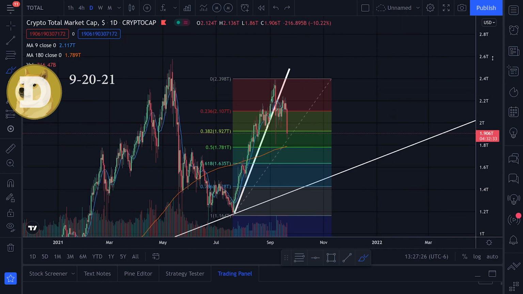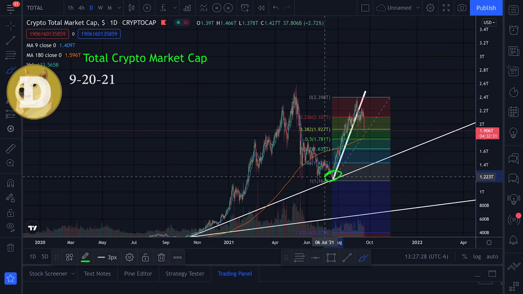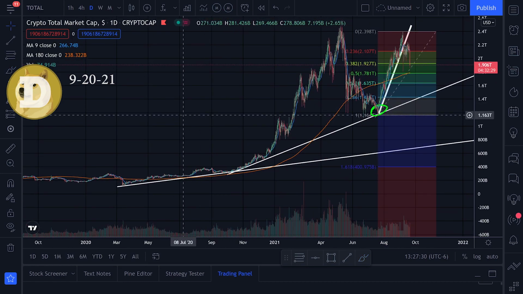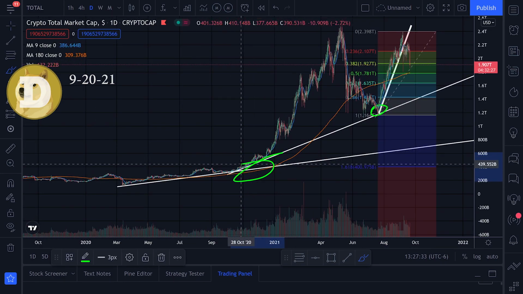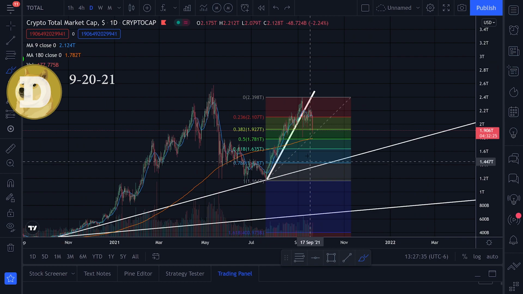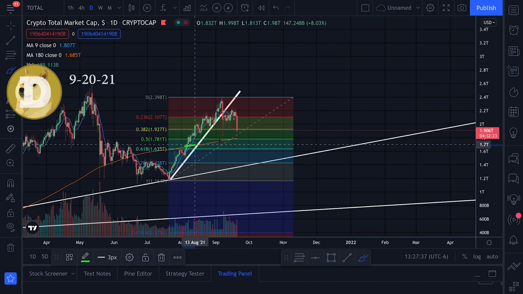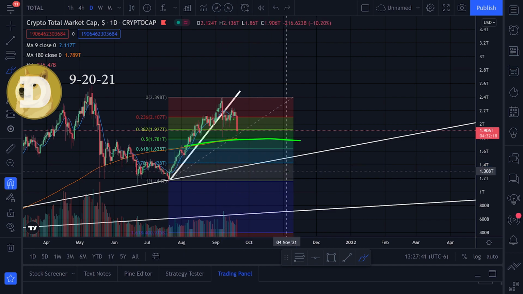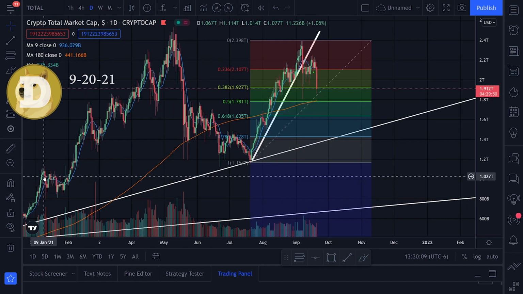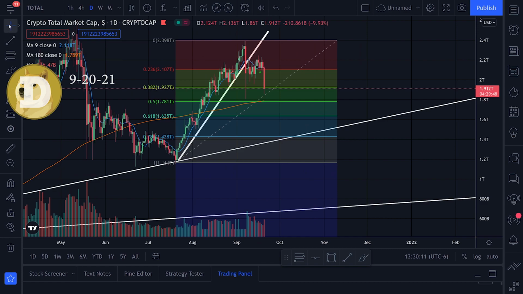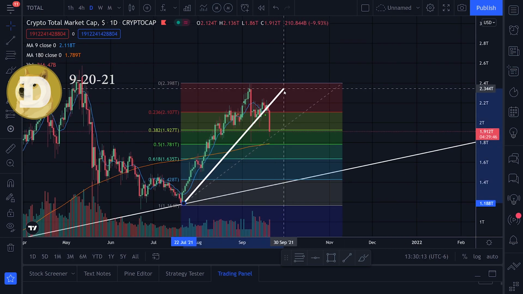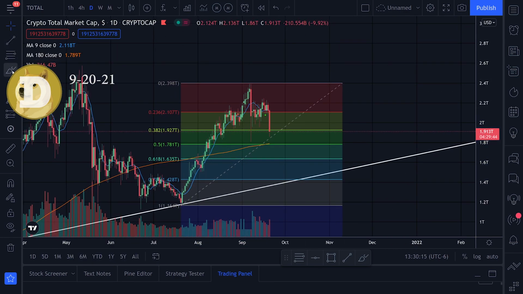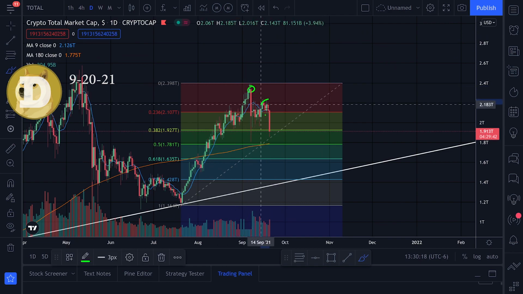That trend line comes from this support right here, and if we zoom out a little bit more, we have this support down here. So I think even if we come down and break the 50% level, we still have this trend line down here to look at for possible support. One thing we can look for is some downtrends, now that we're more in a downtrend. I would say we have resistance right here and resistance right here.